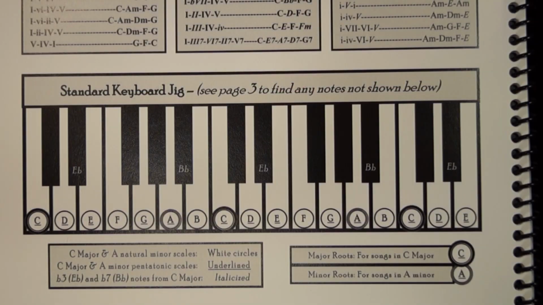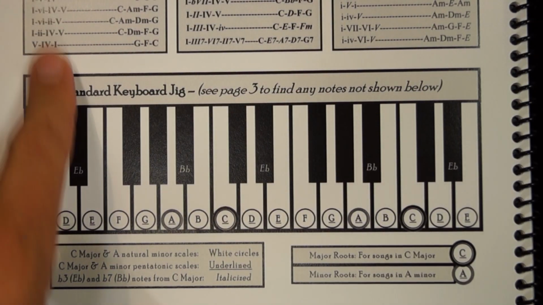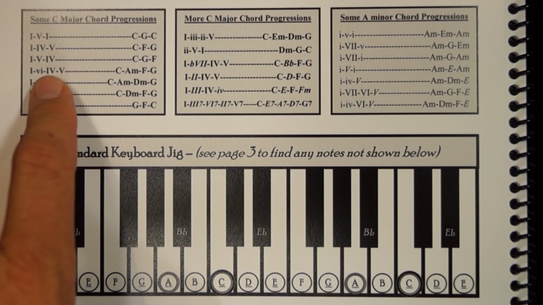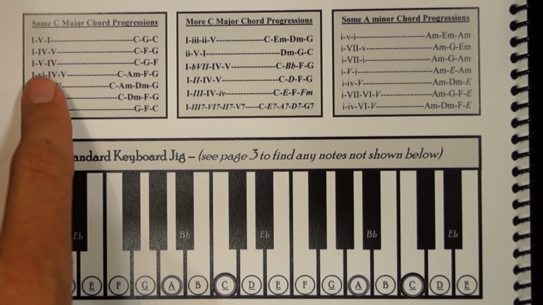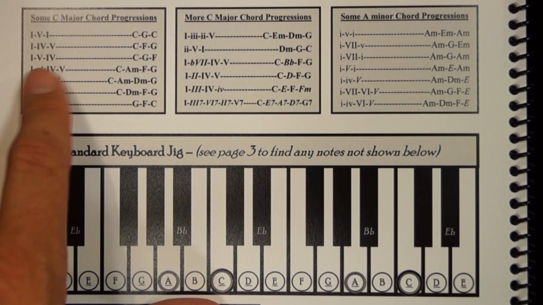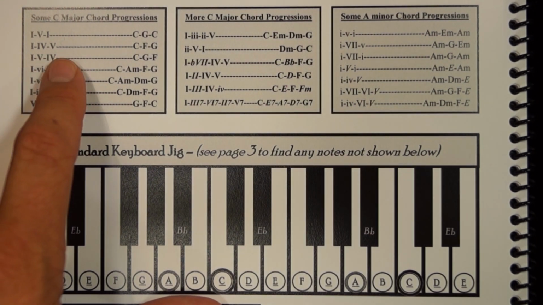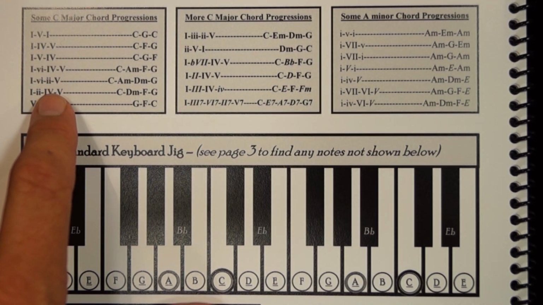So that's a 1-6-4-5 progression, and the reason I want to go through these progressions is because if you start thinking about chords in terms of Roman numerals, you'll start hearing the sounds of a 1-5-4 progression or a 1-6-4-5.